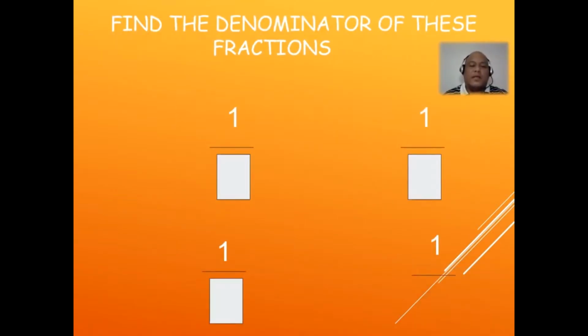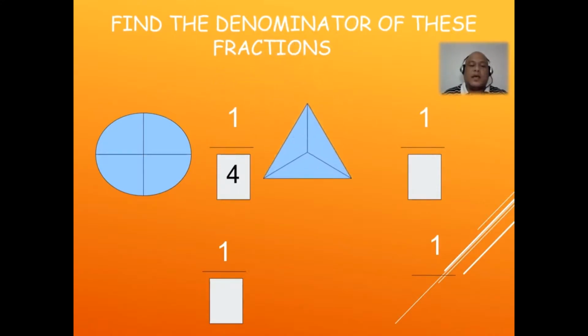Let's find the denominator of this fraction. This circle is divided into 4 equal parts. What is the denominator? 4. Next is a triangular prism. It is divided into 3 equal parts. What is the denominator? 3.